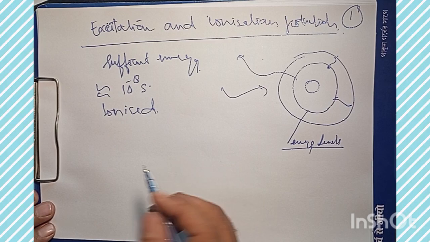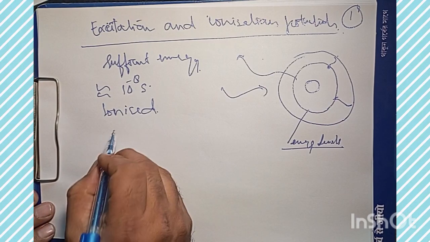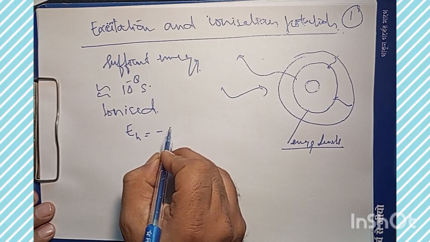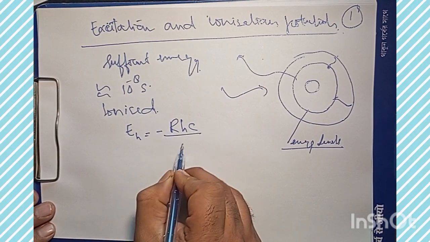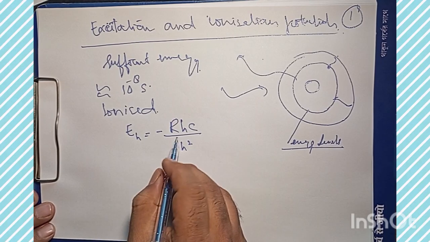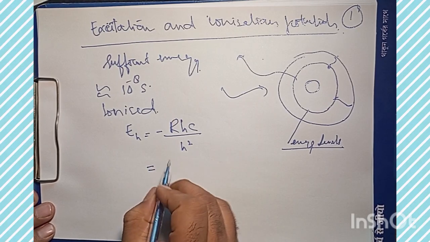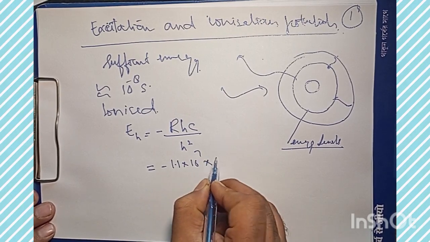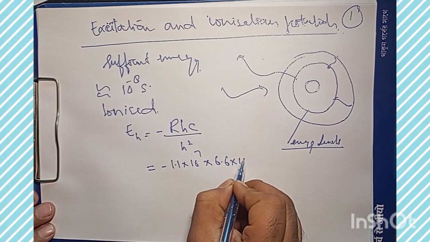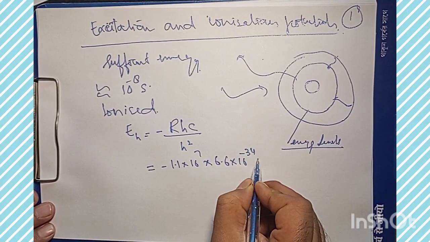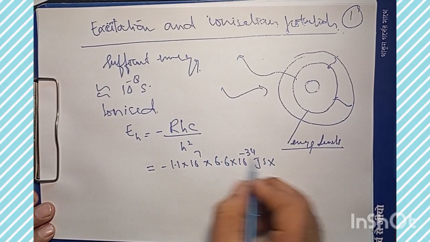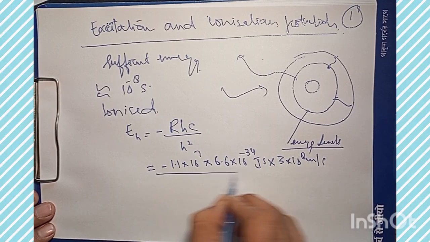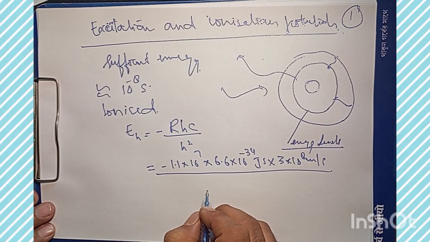For example, for the hydrogen atom, the energy in the nth orbit is E_n equals minus RhC by n square, where R is the Rydberg constant for hydrogen, 1.1 times 10 to the power of 7, Planck's constant h is 6.6 times 10 to the power of minus 34 joule second, and the speed of light c is 3 times 10 to the power of 8 meters per second.